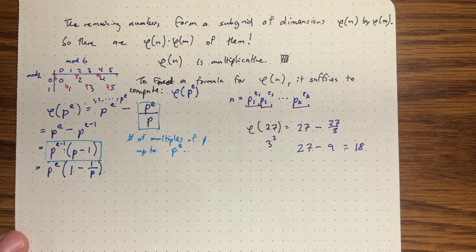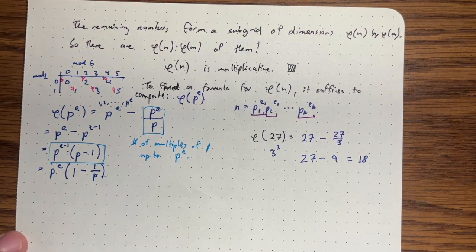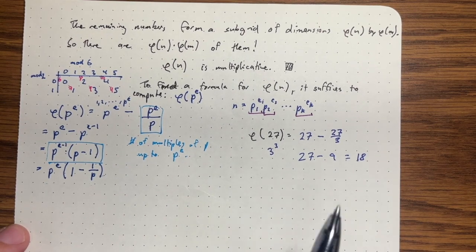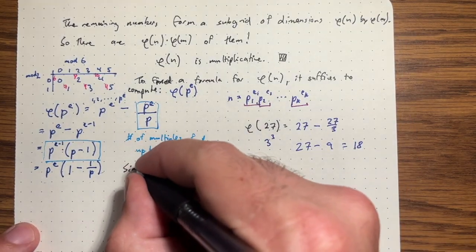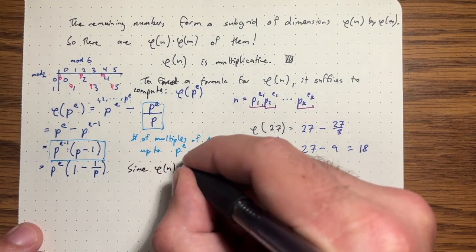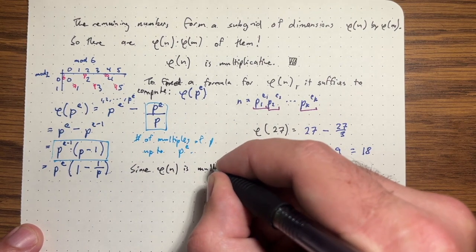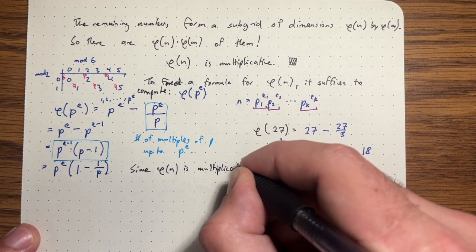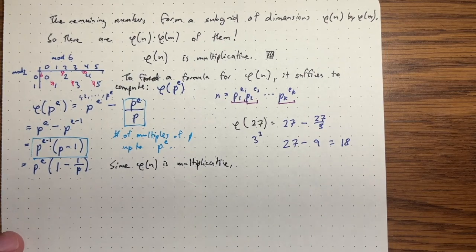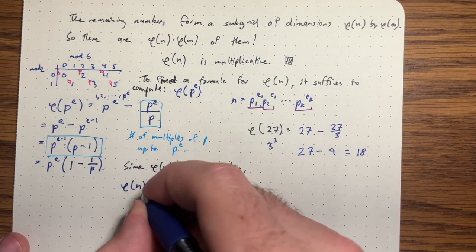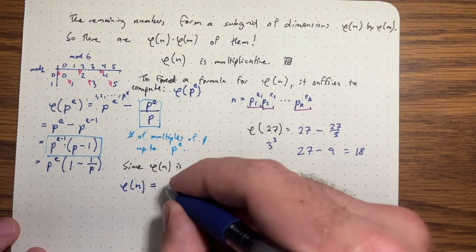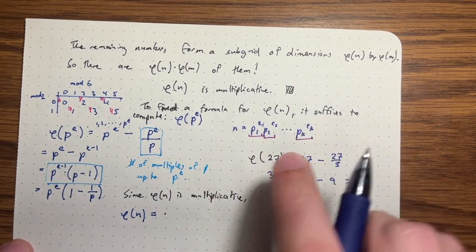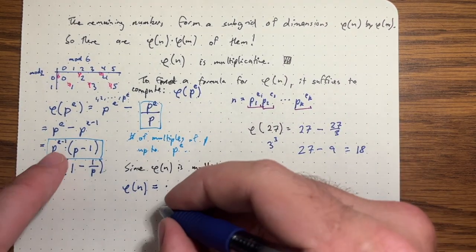But this is a formula for phi of p to the e, which means, since phi is a multiplicative function, we have a formula for phi of n. If n is this, it's just going to be a bunch of these.